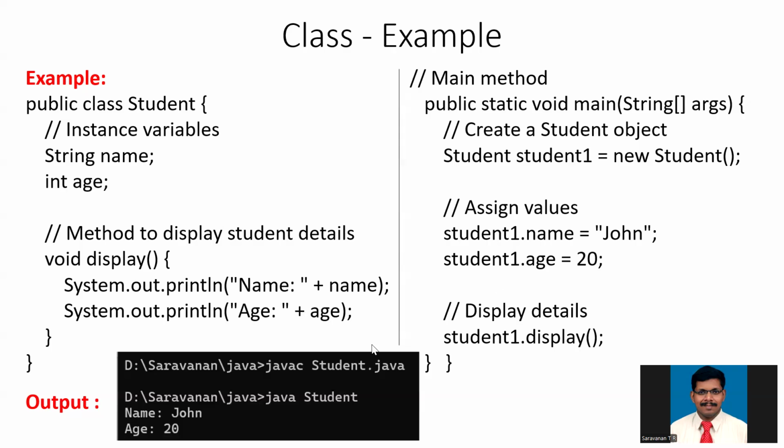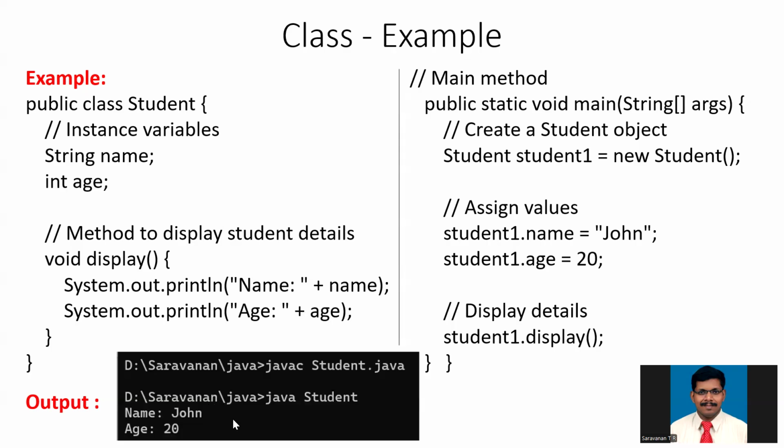The way of execution is given as javac filename.java. Java compilation is done here. A class file will be generated, Student.class, and you execute the class file as java Student, and the output will be retrieved.